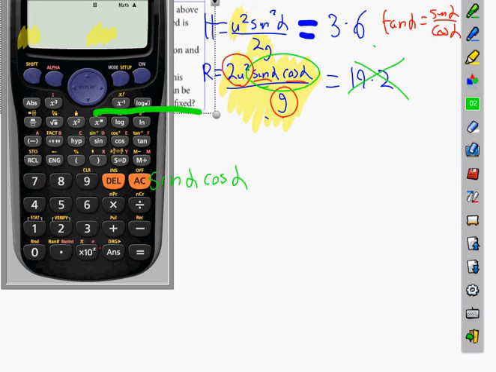Pick any angle you want between 0 to 90. Just pick an angle. 20 for instance. Sine 20, cos 20. Okay? 0.32. Yeah? Pick 30 this time. 0.43. It's getting bigger, right? Go again to 40.